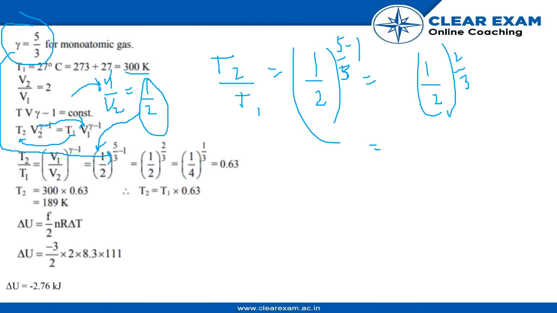It can be written as 1 upon 2 squared under the cube root, so it can be simply written as 1 upon cube root of 4. And when we solve this, it comes out to be 0.63.